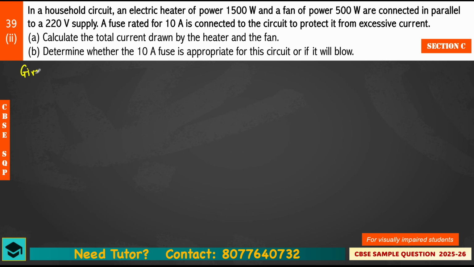So I'll write given. First thing I come to know is the power of heater, which is given as 1500 watt. Then they have given the power of fan, which is 500 watt.